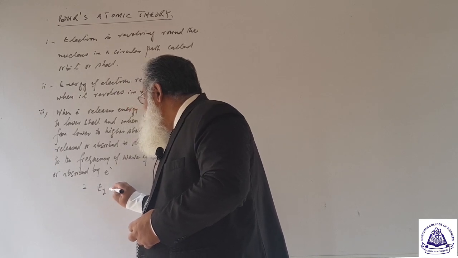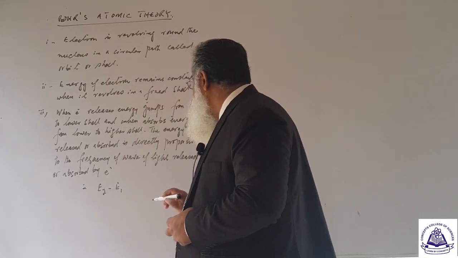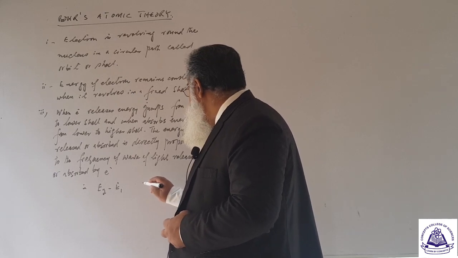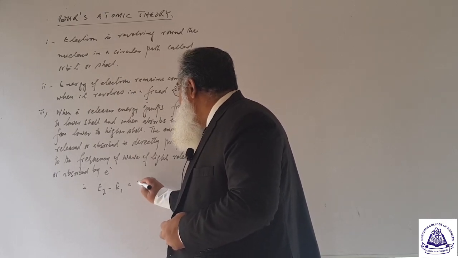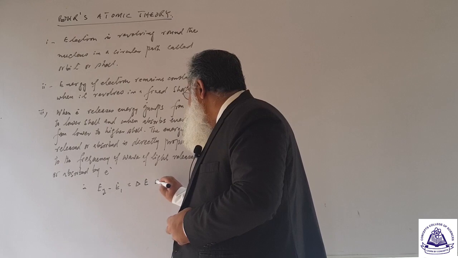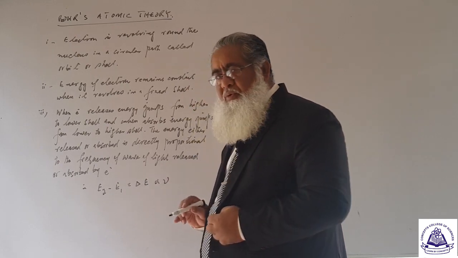Therefore, E2 minus E1, that is equal to delta E, is proportional to nu.